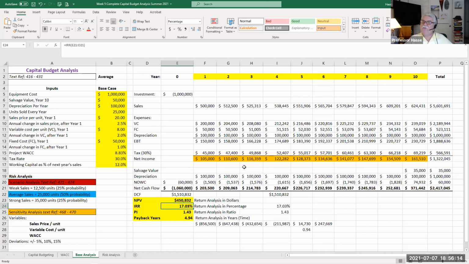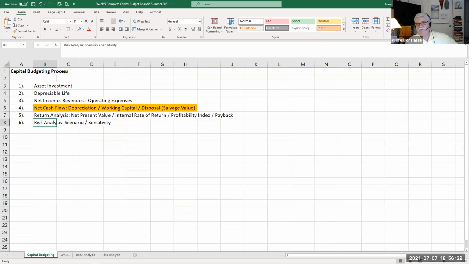So again, what I urge you to do over the next week, even though you're going to be working on case number 2, I urge you, if this is a little bit unfamiliar, take a look at this spreadsheet. Take a look at the process to refresh yourselves of capital budgeting.